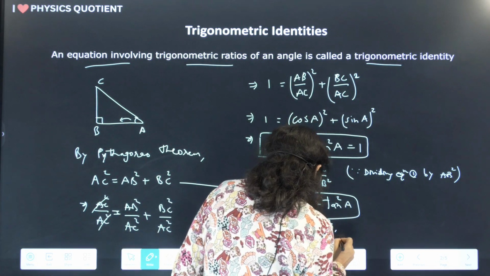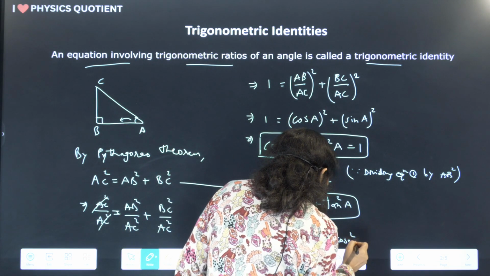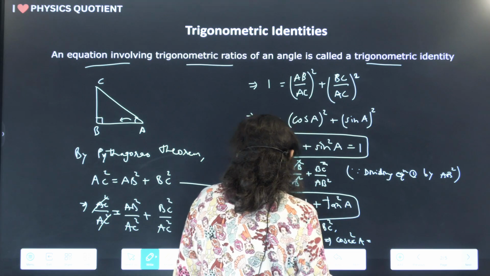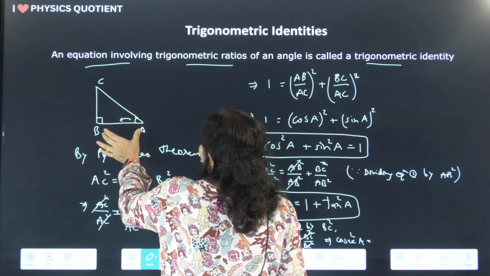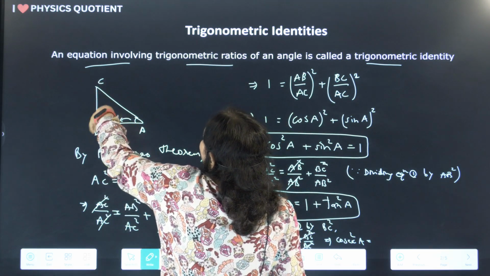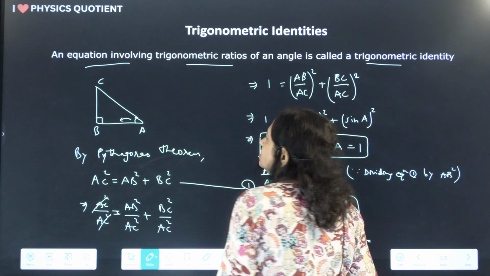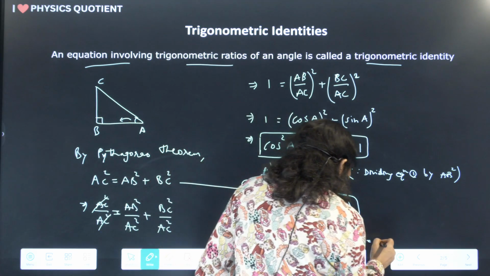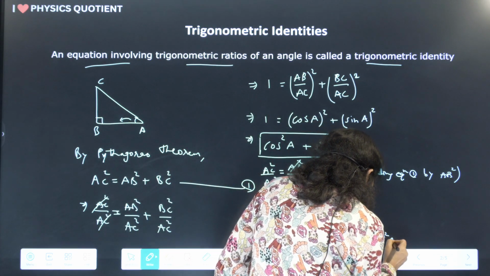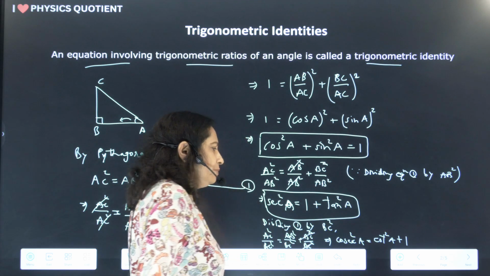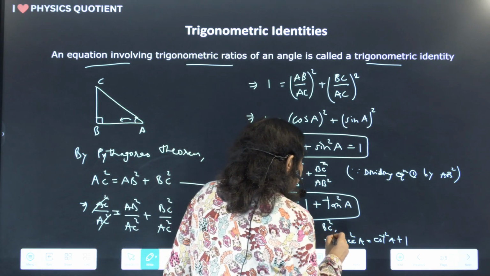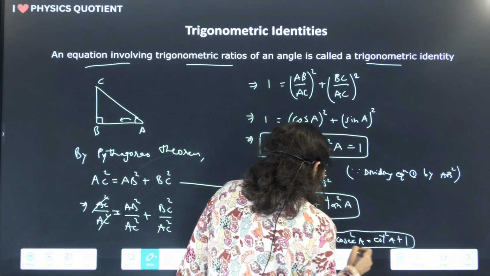This implies cosec square A equal to AB upon BC square, and AB upon BC is reciprocal of tan, that is cot. So cosec square A equals cot square A plus 1. BC will be cancelled. This is the third identity you have to remember.